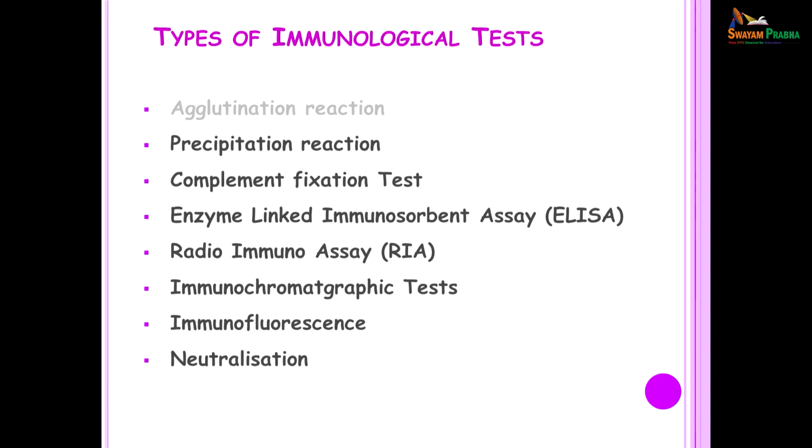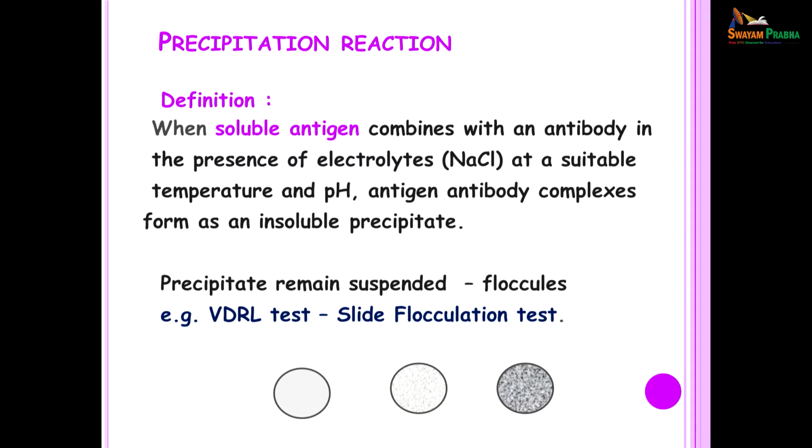So, now we are done with the agglutination reactions. We now move on to precipitation reactions. The definition of a precipitation reaction is when a soluble antigen combines with an antibody in the presence of electrolytes at a suitable temperature and pH, antigen antibody complexes form an insoluble precipitate.